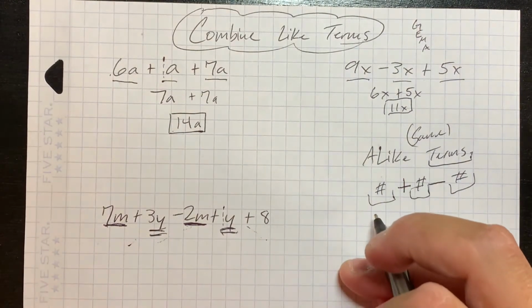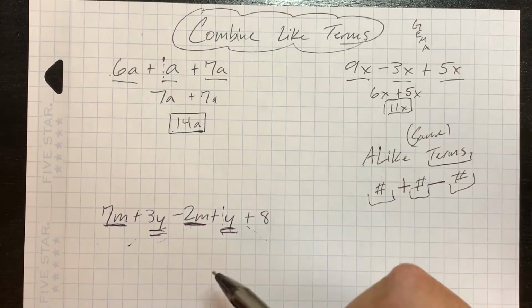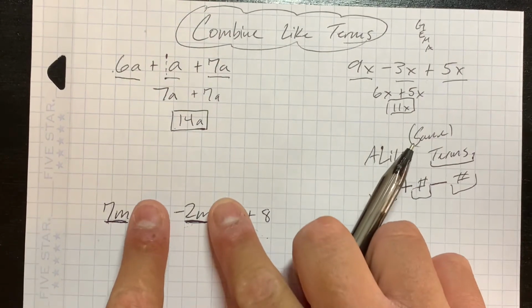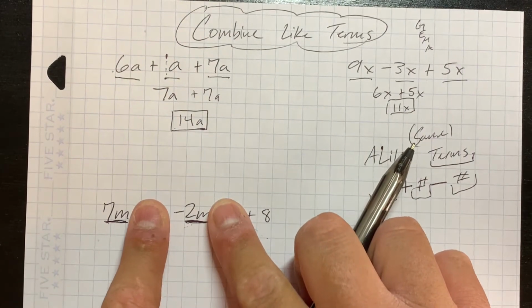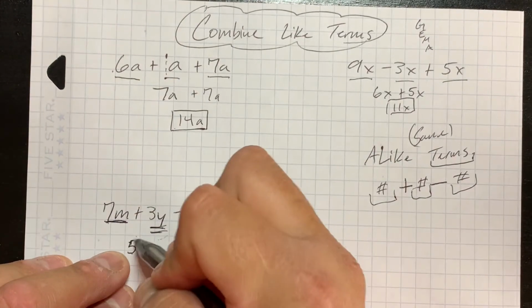So what we're going to do is combine them. So it is 7m and negative 2m combine. So think of it this way. What is 7m minus 2m? Well, 7m minus 2m is going to be 5m.